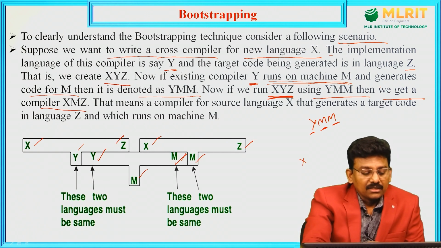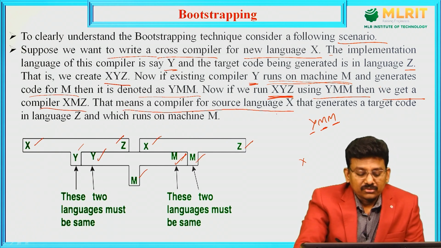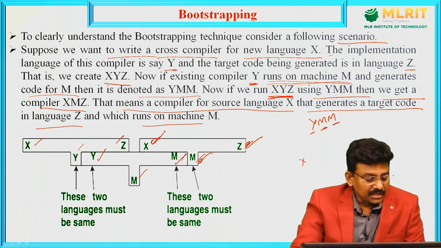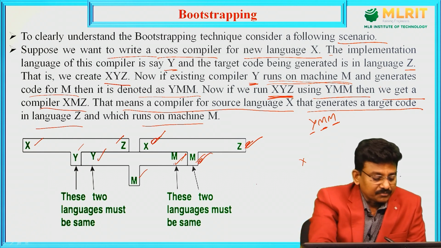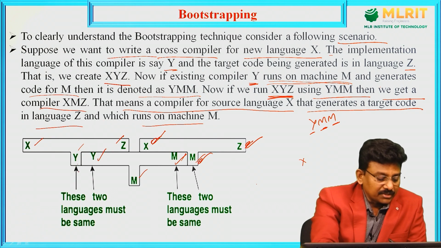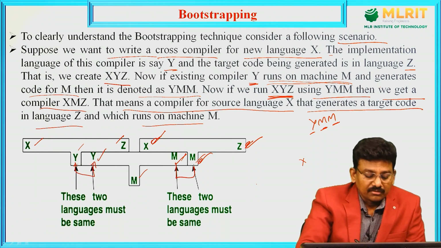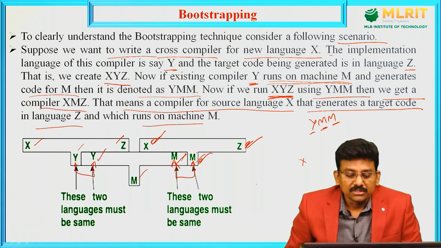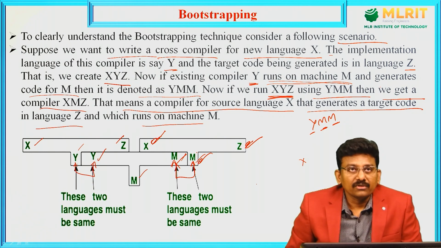That means a compiler for source language X that generates target code in language Z which runs on machine M. In this diagram, you should understand that these two languages must be the same, the implementation language and the target language. So, this scenario explains the concept of a cross compiler.